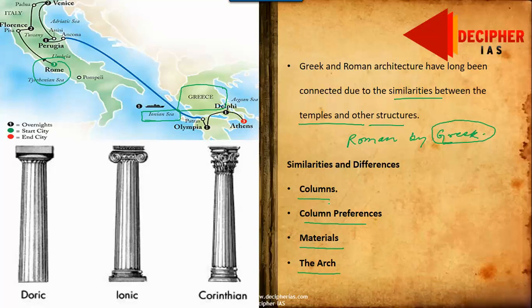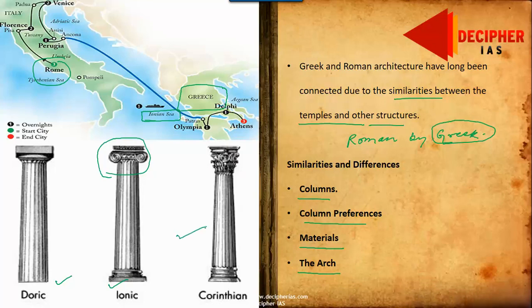First of all, we will talk about columns. Both cultures used three different columns in temple building. The Doric, as you can see, is thick with very little decoration. The Ionic column is thinner and slightly more ornate, as you can see in this part.